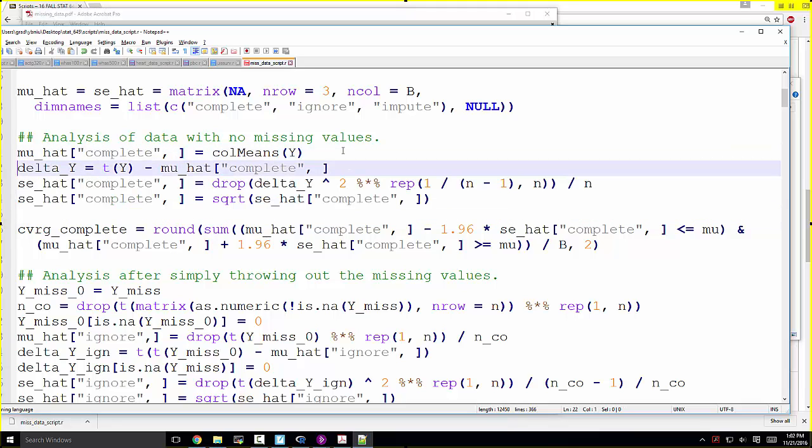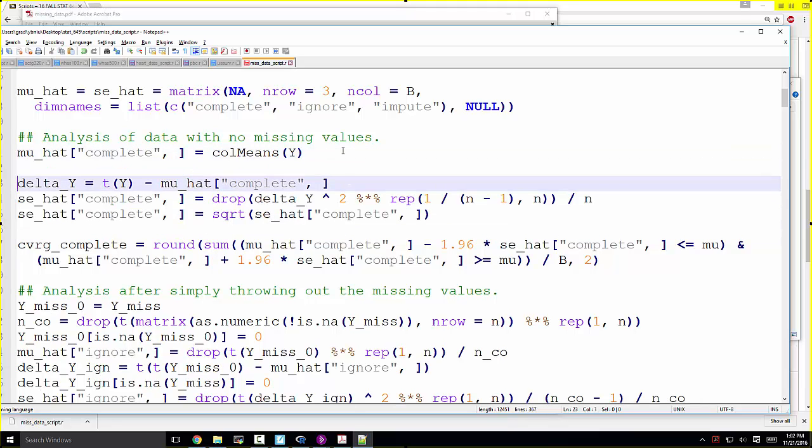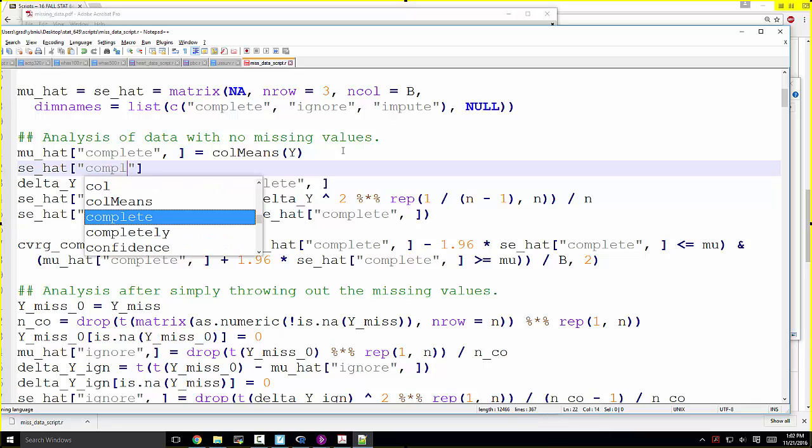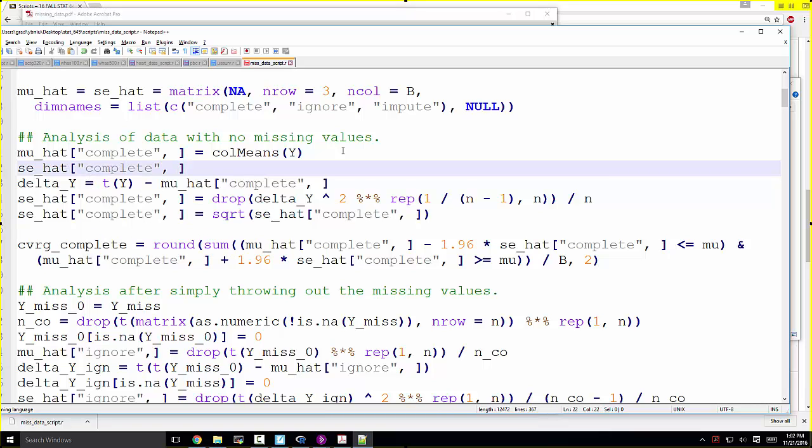This also could be done with different code that's easier to read. If I said SE hat complete is, let's do apply to Y, column by column, SD, and then divide that by N.